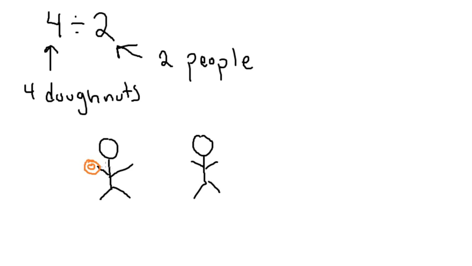So this person has a donut. And then we want to be even, so we give this person a donut. So we've used 2 of our donuts. We have 2 more to give out. So we'll give this person a second donut and this person a second donut. So each person gets 2 donuts.